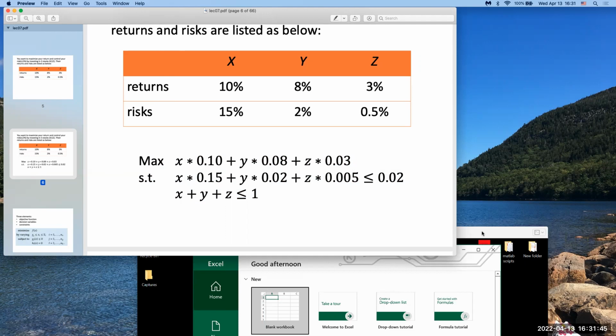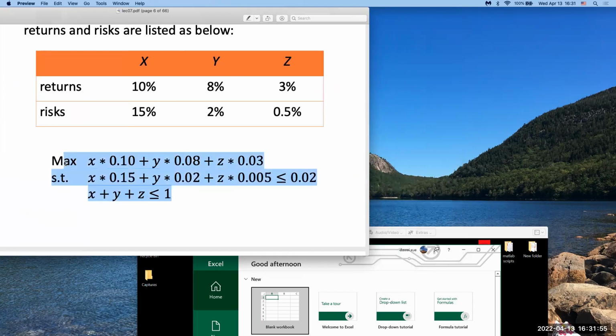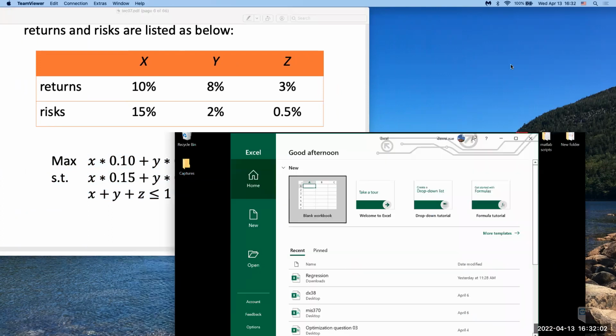So as I mentioned before, programming is a translation. In this example, we're translating this mathematical stuff into some language that Excel can understand.